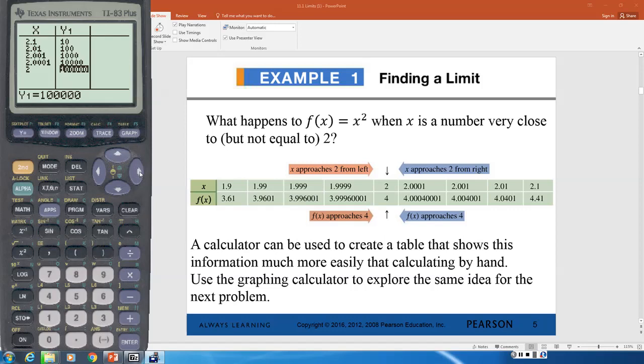No. Looking at the pattern that you see in Y1, if I plug in 2.1, 2, 3, 4, 5 zeros and then 1, what do you think is going to come out?